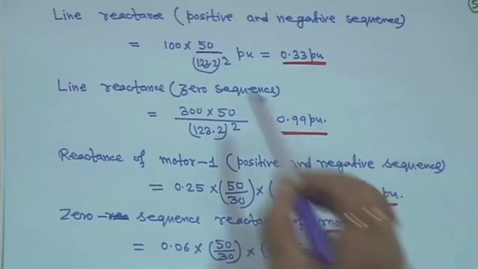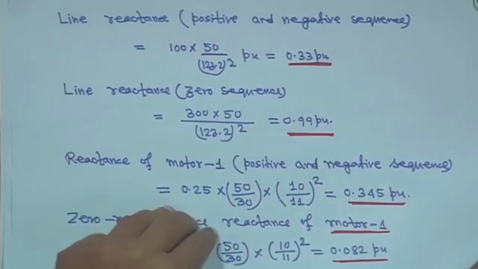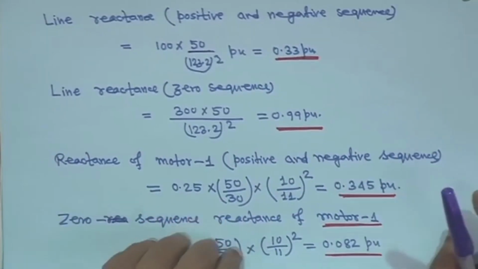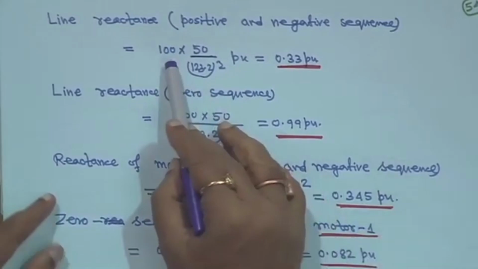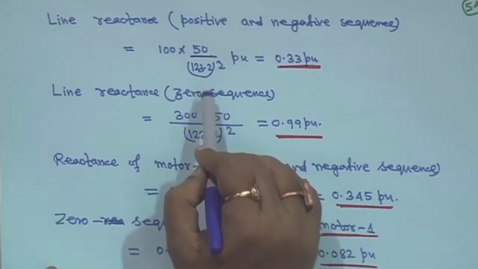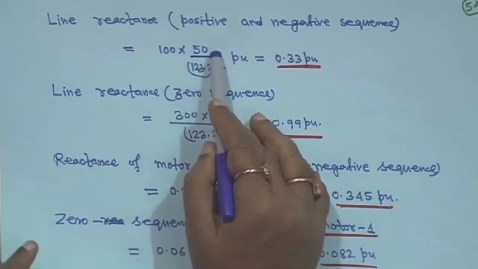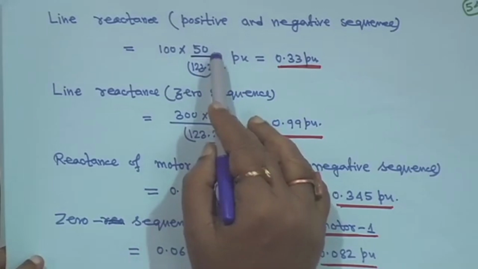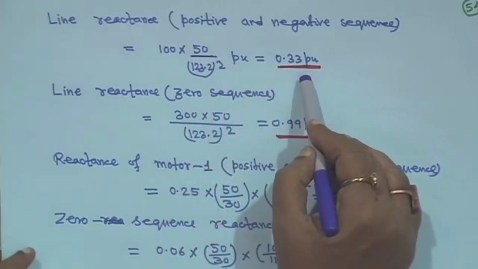Next, the line reactance, positive and negative. We have told that for a transmission line the positive and negative sequence reactance will remain the same. So it is 100 ohm, and the line base voltage you have computed as 123.2. So 100 into 50, since the MVA base will remain the same throughout, upon 123.2 whole square, it is coming 0.33 per unit.